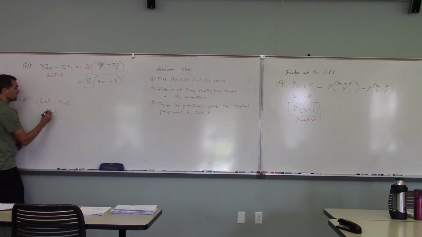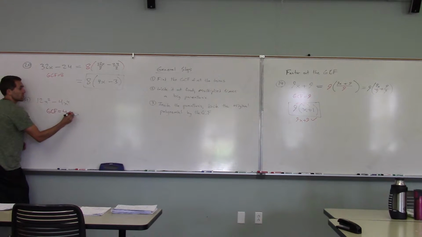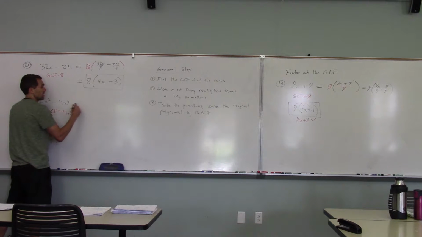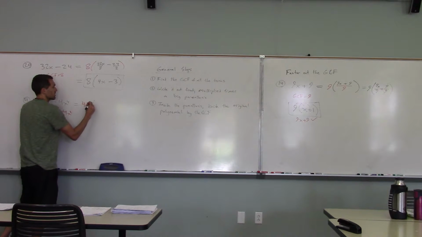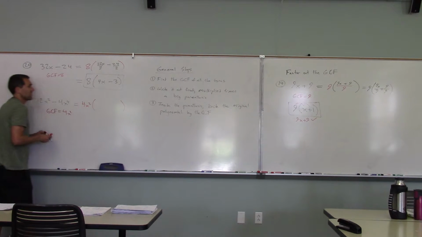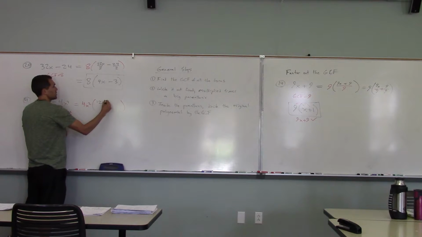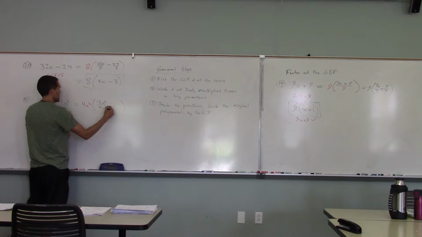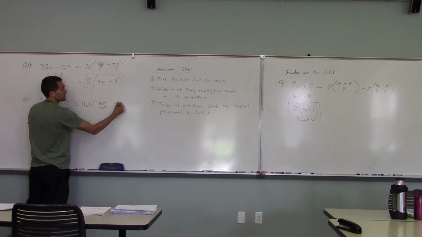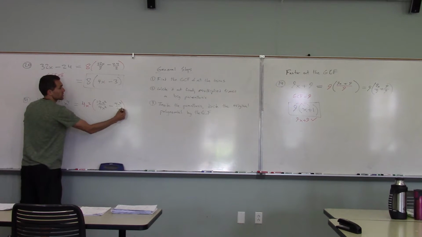So here the GCF is 4x squared. Yeah, so 4 from the numbers, and x squared from the two x's. So we get 4x squared times parentheses, and inside the parentheses we divide it into each. So I'm going to write it first: 12x squared over 4x squared minus 4x to the fourth over 4x squared.